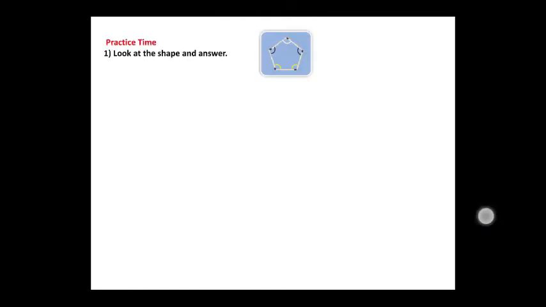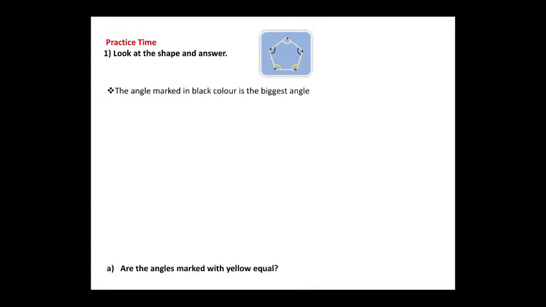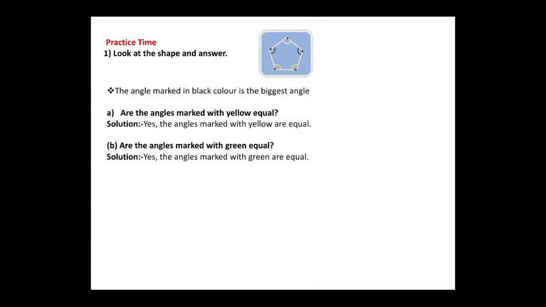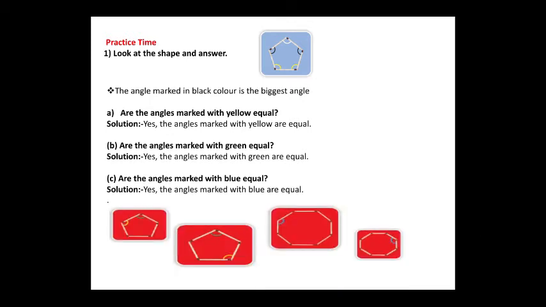Practice time. Look at the shape and answer. The angle marked in black, see here first, see the question. In the figure below, the first question: look at the shape and answer. The angle marked in black color is the biggest.